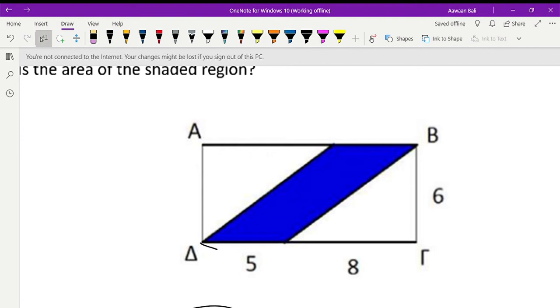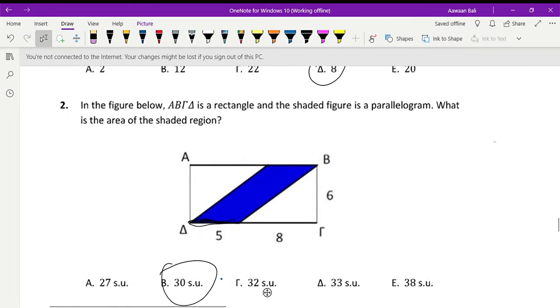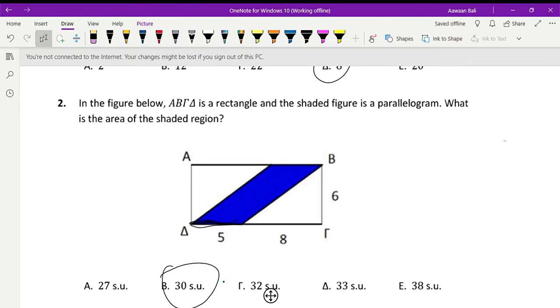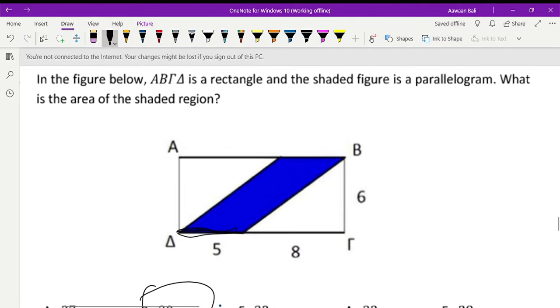Since it says the base is 5, and you could say that the height is 6. Yeah, the height is 6. You can just do simply 5 times 6, which is 30, and then you get 30 square units. Easy, right?